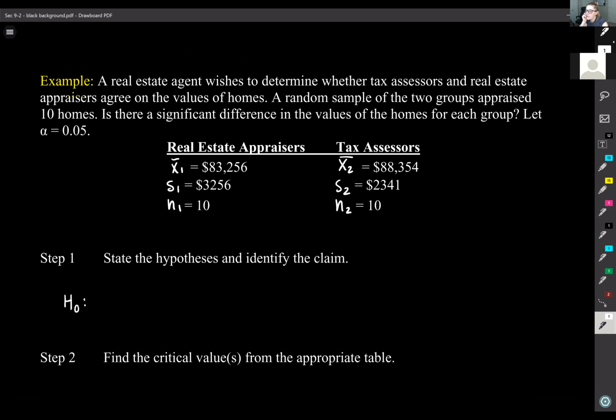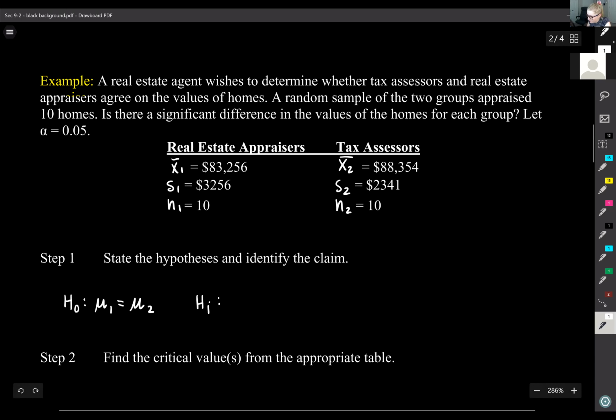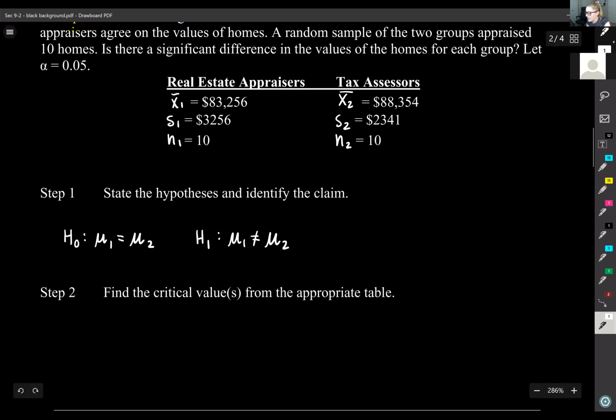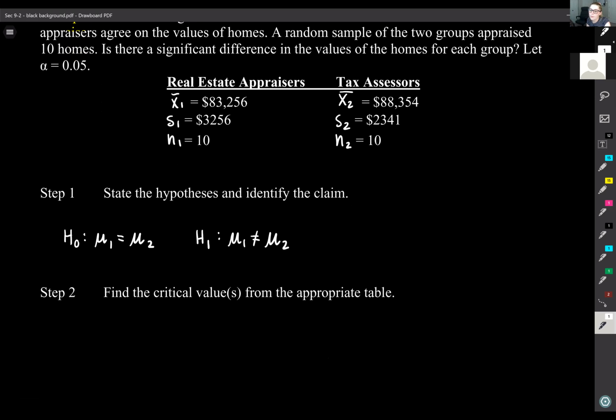So all we're trying to see is if they are different or if they're the same. So the null hypothesis is that the population mean of group 1 is equal to the population mean of group 2, which would mean that they appraise them the same. And then our alternative hypothesis is that mu1 does not equal mu2, that there is a difference between the way they appraise the homes.